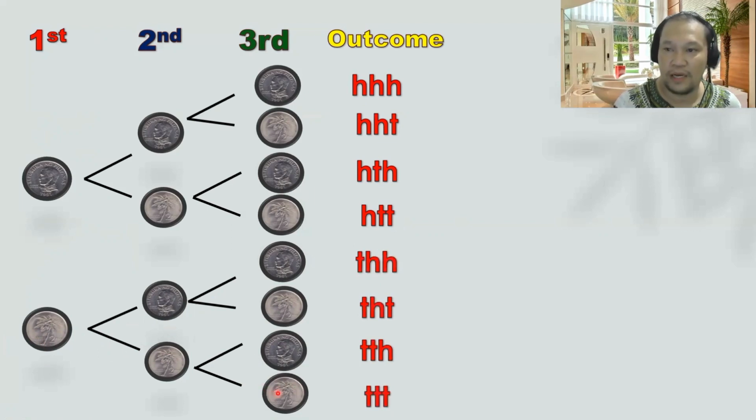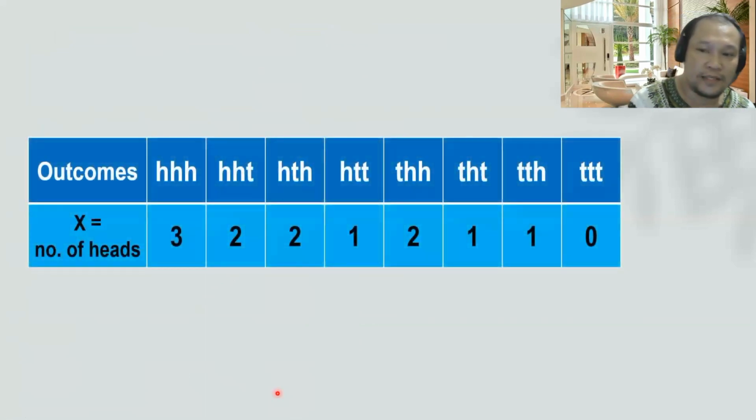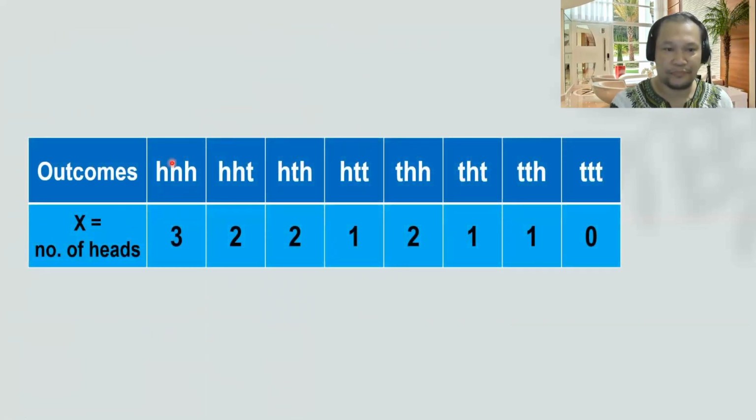From the given outcomes, we are interested in the number of heads that will occur based on the possible outcomes that we have. And by there, we can have the random variable. Since we already have the outcomes, head, head, head; head, head, tail; head, tail, head; head, tail, tail; tail, head, head; tail, head, tail; tail, tail, head; tail, tail, tail, X will become the number of heads.